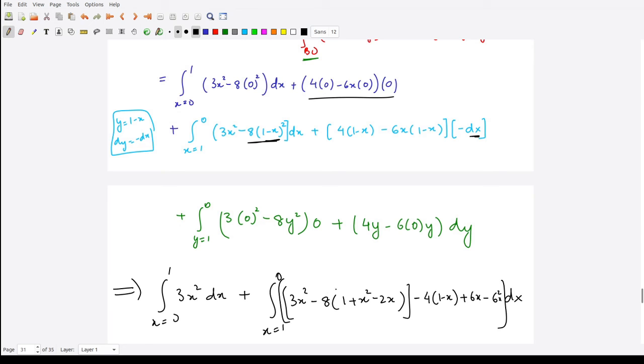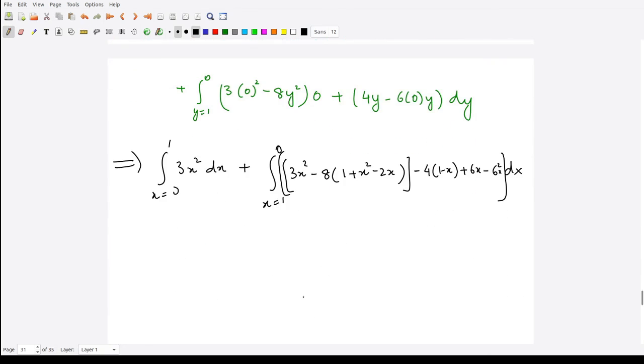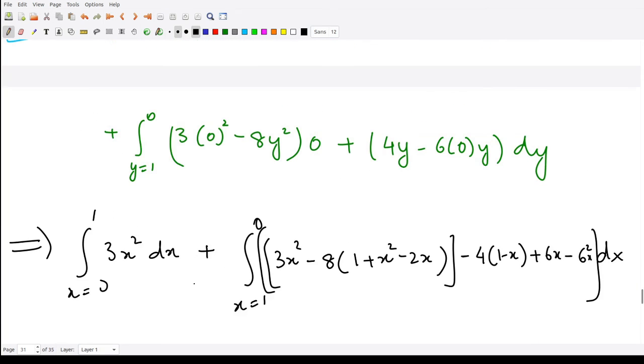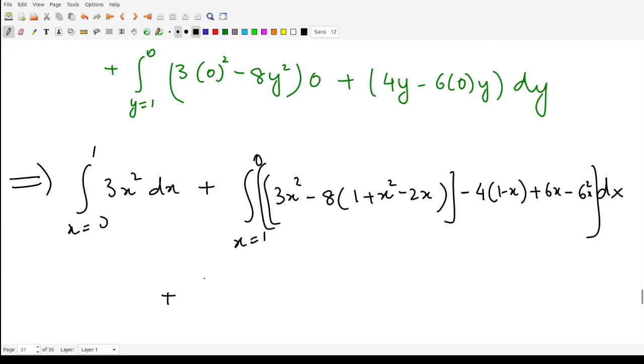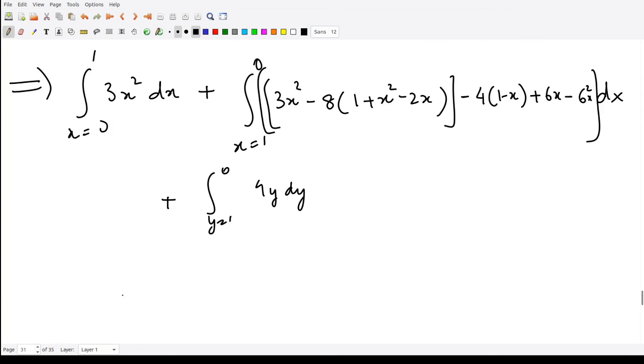Okay, and for the third case, we have this equal to, now this is 0, so we have y varying from 1 to 0, 4y dy, right? So let's solve this.